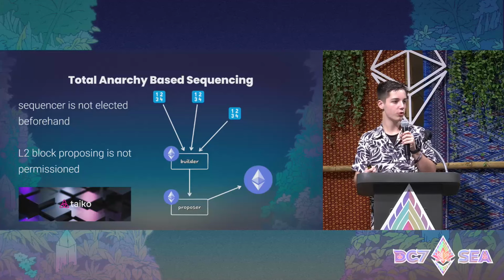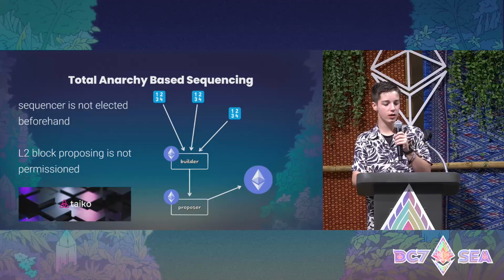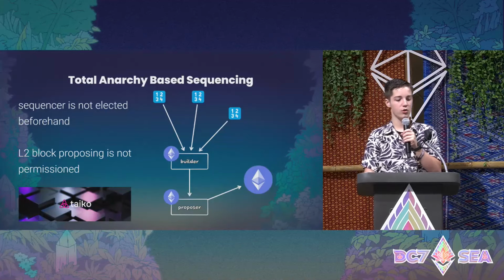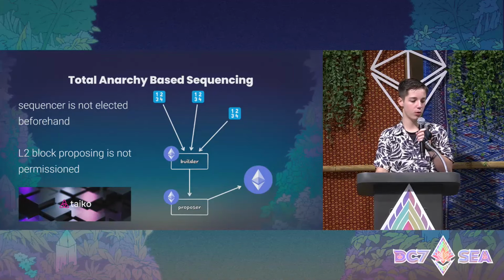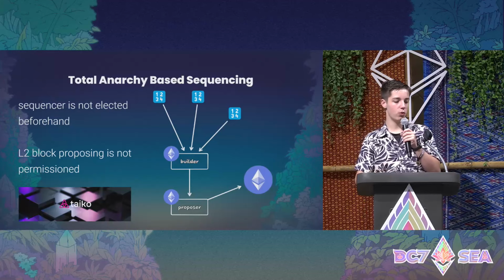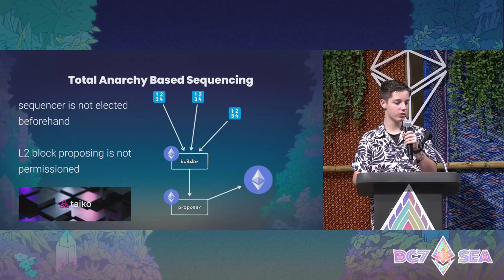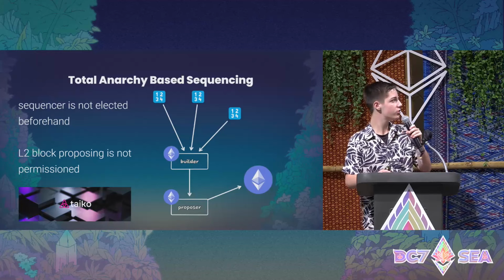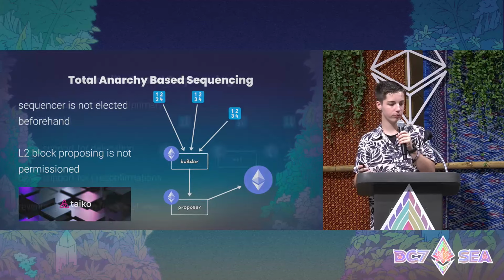And then eventually the proposer would propose this to Ethereum once they selected the block with the highest bid. So it's up to the proposer and the builder to choose which block created by these layer 2 sequencers or proposers actually gets onto the chain.